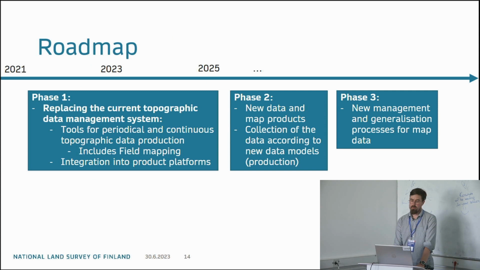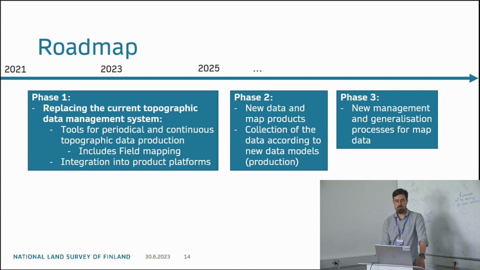So, our current roadmap, as a very simplified version. In phase 1, which started from the beginning of 2021, we are aiming to replace the current system as the main tool for topographic data management, and we are estimating that we could get it in productional use in early 2025.